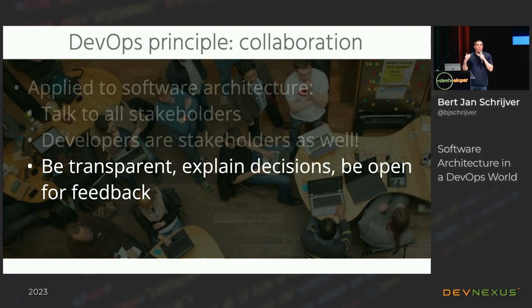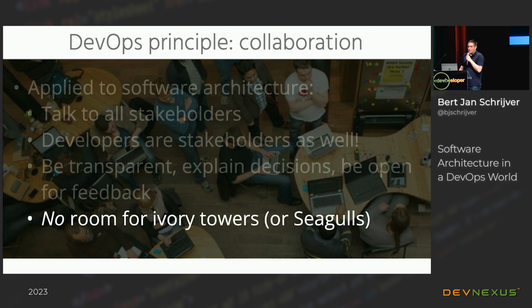We keep building more and more complex systems, on a larger scale, and our users keep having higher demands of our systems. Whereas 10 years ago you could say, no, we have a maintenance window every Thursday at 3 p.m., if you do it now, users will say, why do we have a maintenance window? Google doesn't have a maintenance window. Facebook doesn't have a maintenance window. TikTok doesn't have a maintenance window. And as I said, no room for ivory towers.